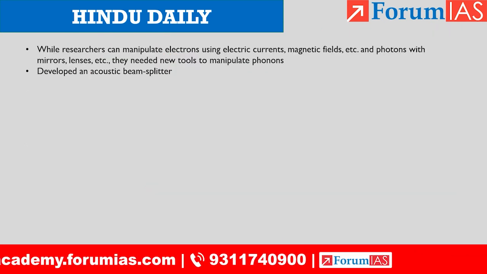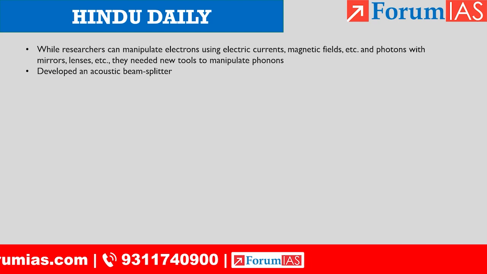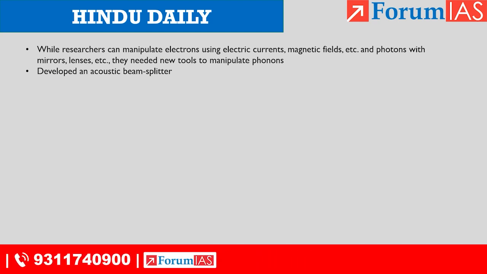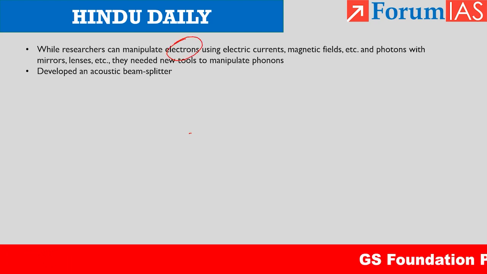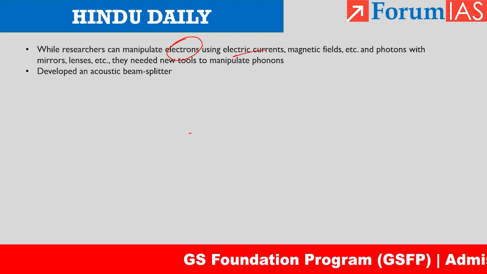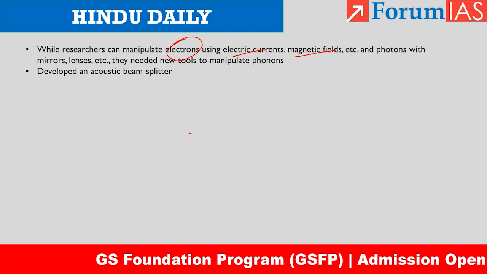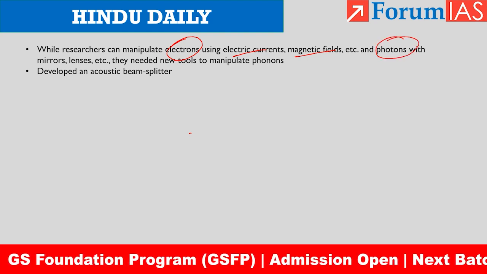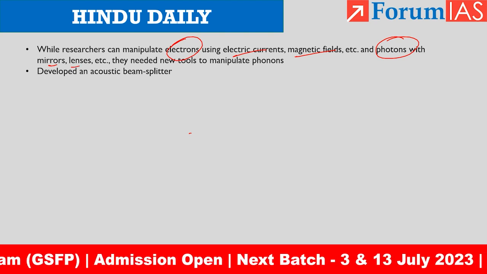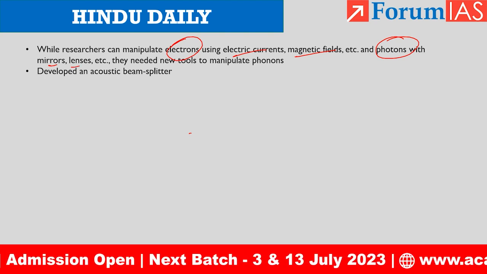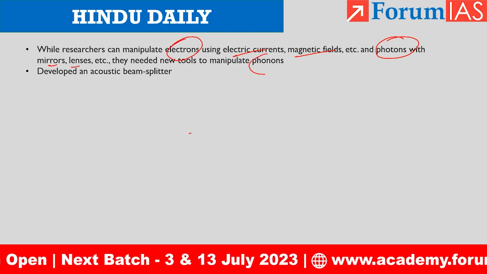So how to use this? To manipulate electrons in order to encode the value of 0 or 1, the electron can be manipulated using electric current, magnetic field, etc. Similarly, the photon can be manipulated with mirrors, lenses, etc. Similarly, we have to have a way to manipulate phonons.